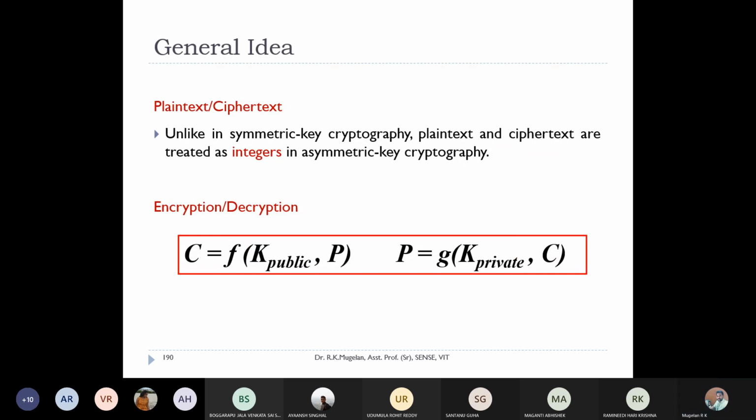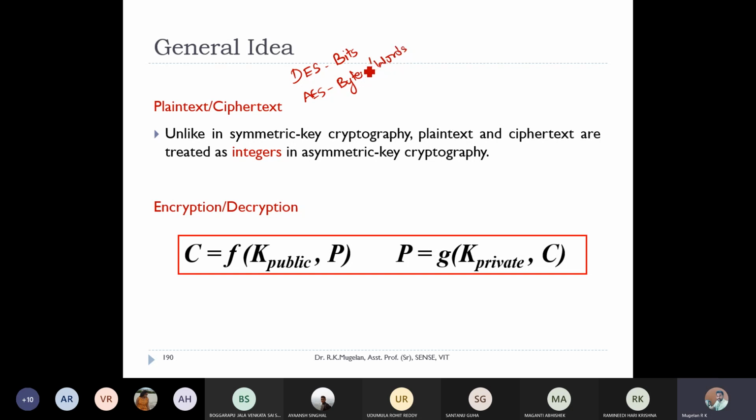So this is the basic idea behind an asymmetric key crypto system. And this is the most important thing. Till now, we just discussed symmetric key cryptography, where we deal in terms of bits and bytes, at max words. For example, in the DES algorithm, all the operations are in terms of bits, whereas in the AES algorithm, we deal with bytes or words.